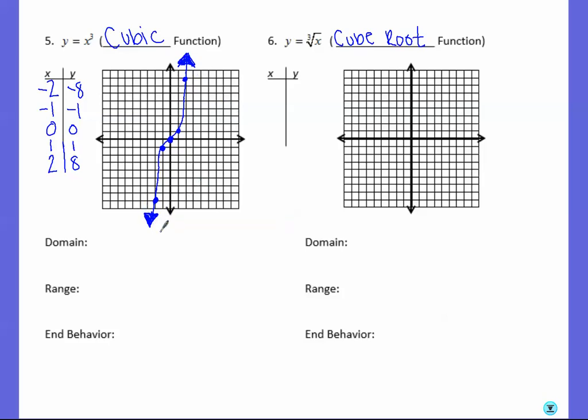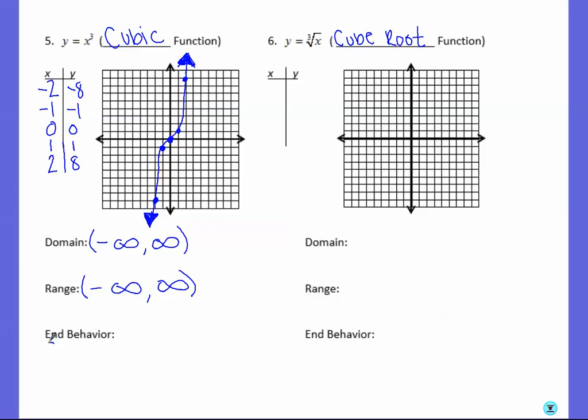Since there's an arrow on the left and an arrow on the right, domain's going to be -infinity to infinity. Since there's an arrow pointing down and an arrow pointing up, the range is -infinity to infinity.